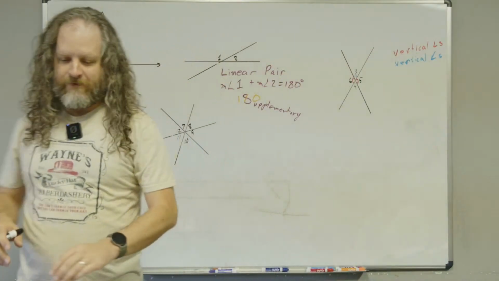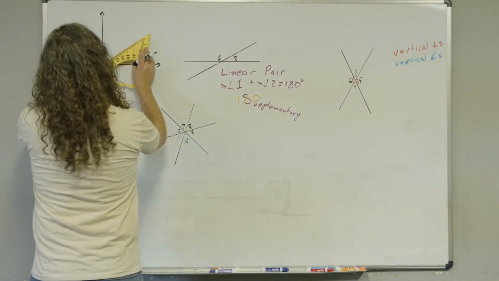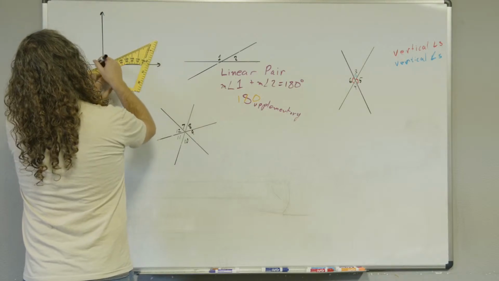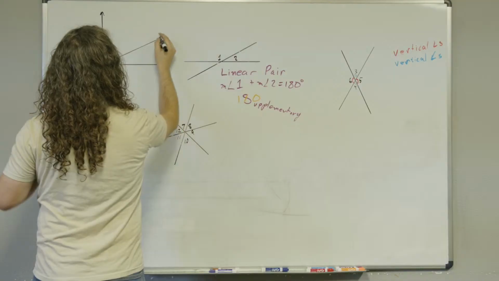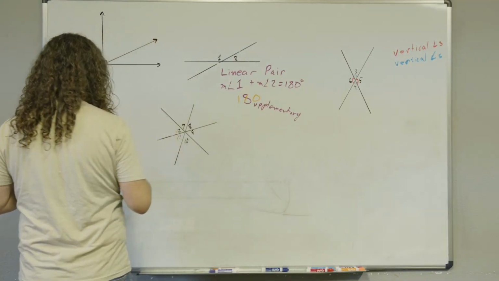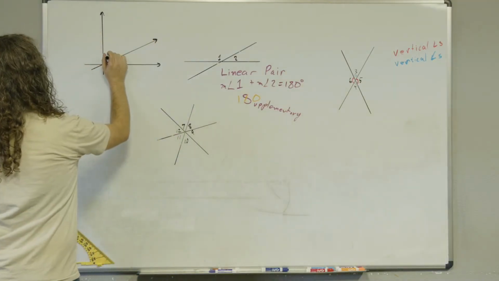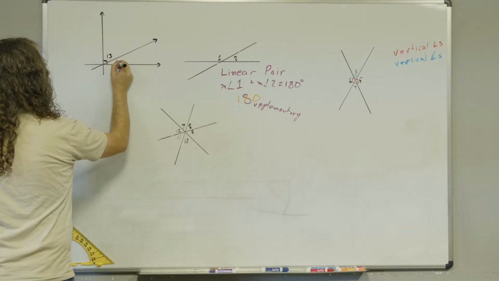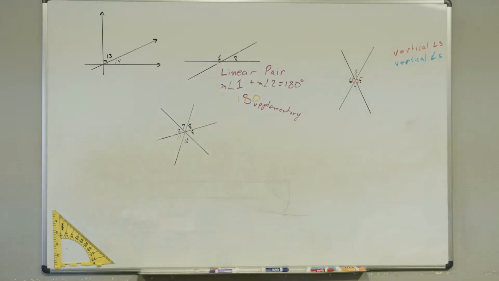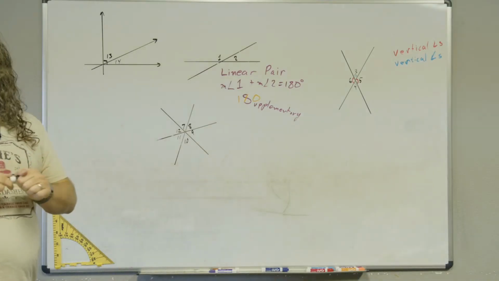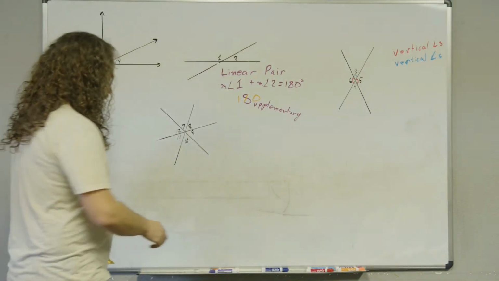But if I pop on another ray right here, and then I'll label some angles, 13 and 14. 13 and 14 are complementary. You just said what complementary means, so let's say it again. What does complementary mean? Yeah, they add up to 90.